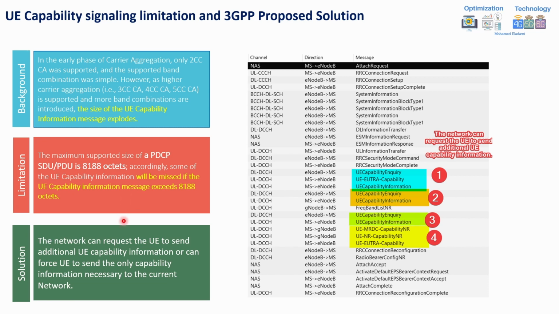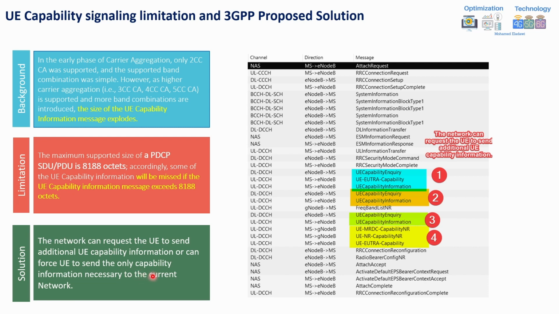So what is the 3GPP solution? 3GPP gives a solution that the network can request the UE to send additional UE capability information. If the network sees that the UE capability has already reached the maximum limit, then it will request again and again to ask the UE to report more information until it receives all the information. Or the network can ask the UE to report a specific carrier aggregation combination based on your network strategy.